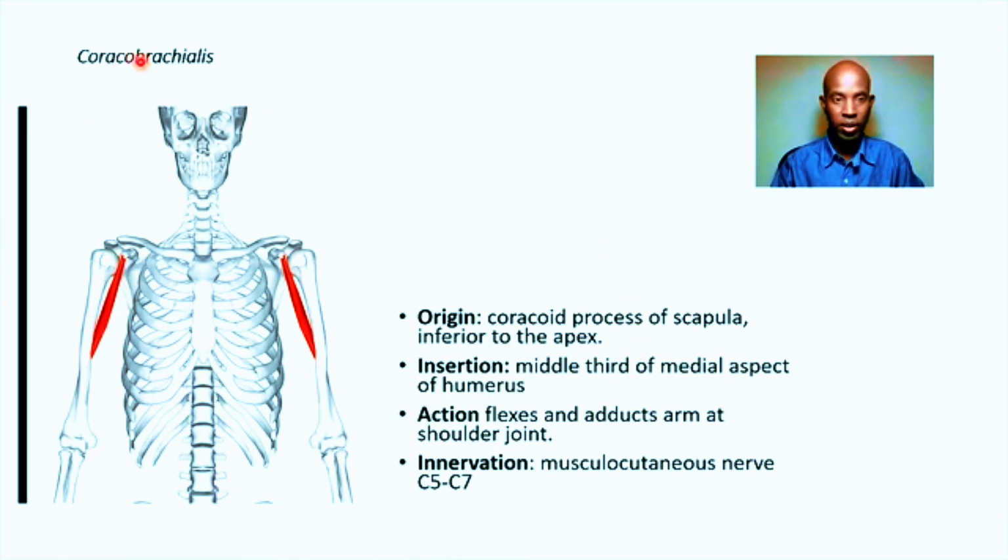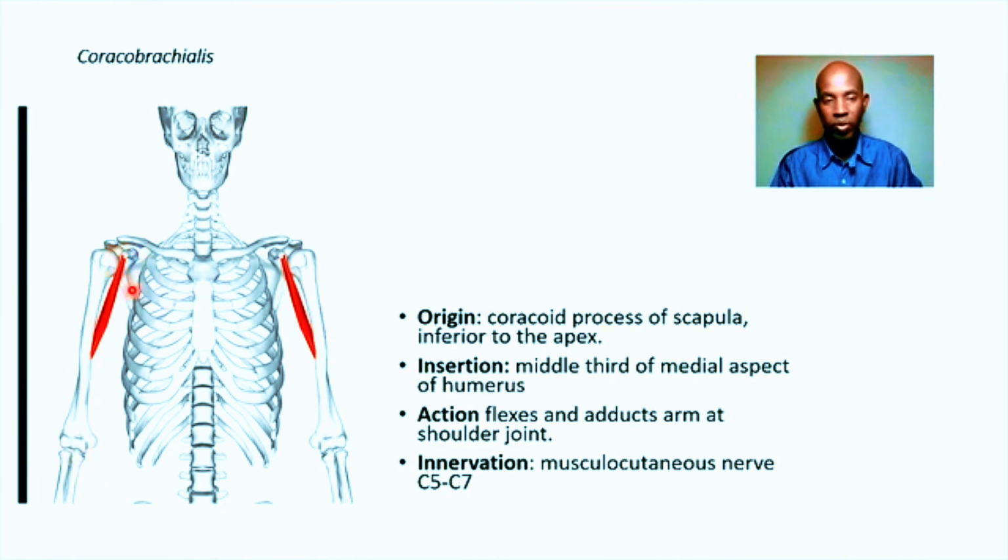This is coracobrachialis. Coracobrachialis originates at the inferior part, or the apex, of the coracoid process of the scapula, and it inserts at the middle third of the medial aspect of the humerus right here. It does not produce any movement at the elbow joint because it does not cross the elbow joint, only the shoulder joint.